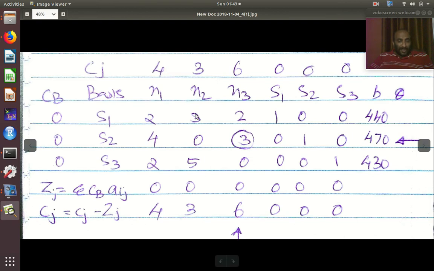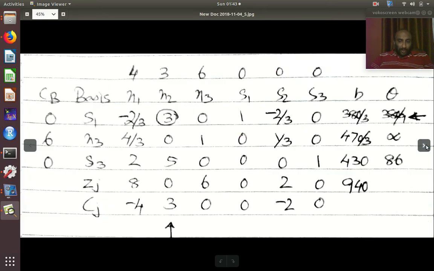When it comes here, 3 minus 0 into 2 by 3, so it remains 3. When it comes over here, this 2 minus 4 into 2 by 3, and here it is 1 minus 0 into 2 by 3, this is 0 minus 1 into 2 by 3, and like that. So the remaining values will become minus 2 by 3, 3, 0, 1, minus 2 by 3, and 0.